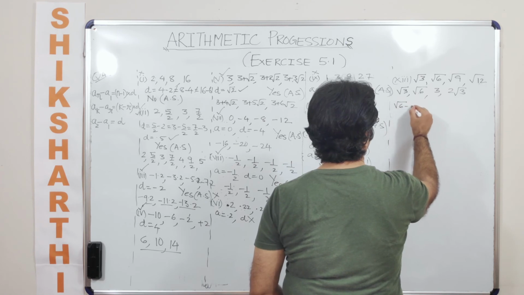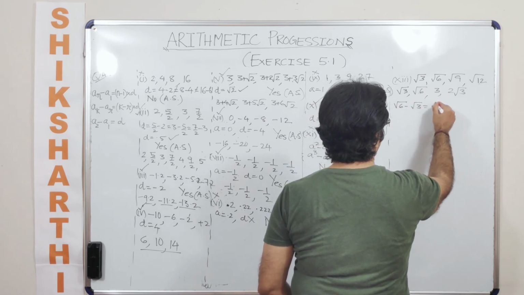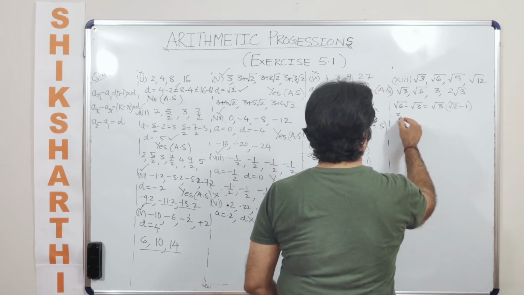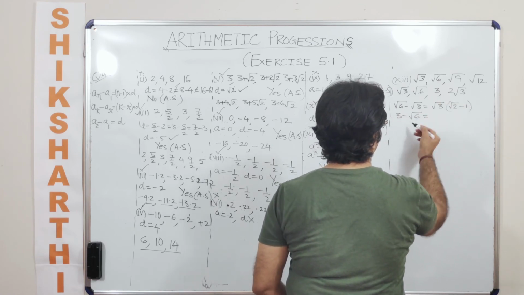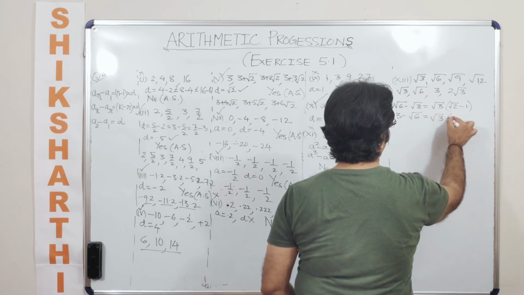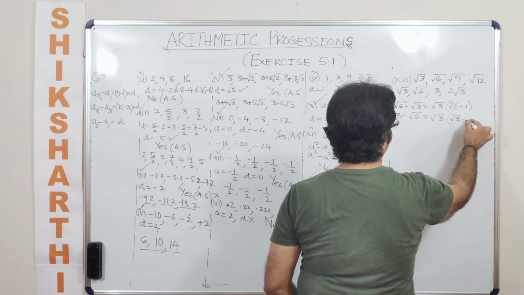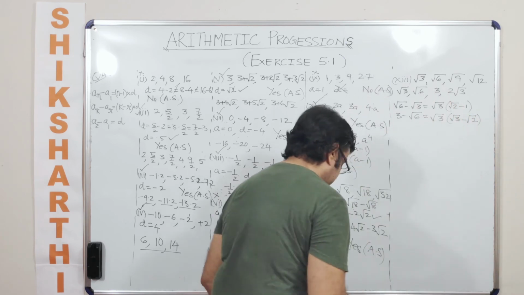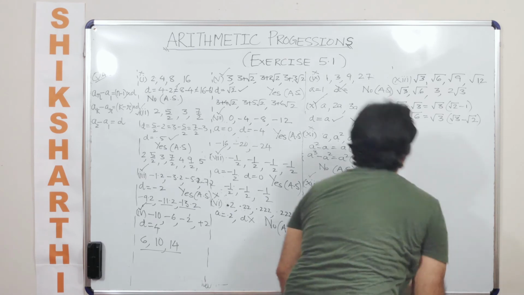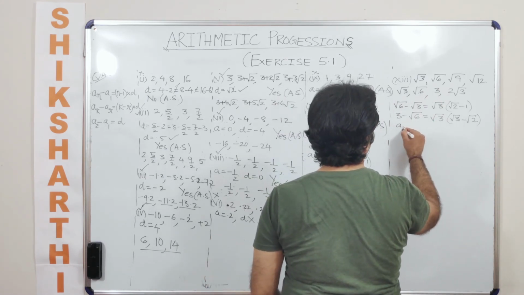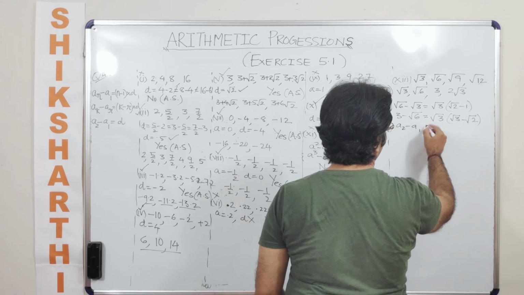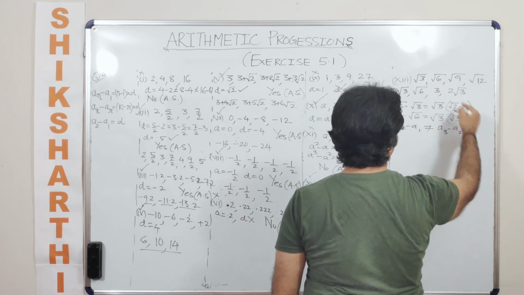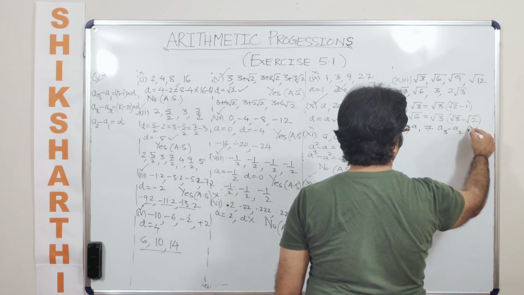So root 6 minus root 3 is just like saying root 3 times of root 2 minus 1, and 3 minus root 6. Now if I take root 3 common here, so can I say that a2 minus a1 is not equal to a3 minus a2. So is it an arithmetic series? No, it is not.